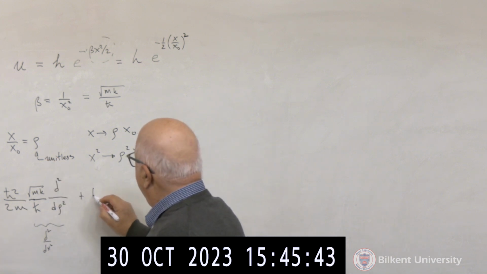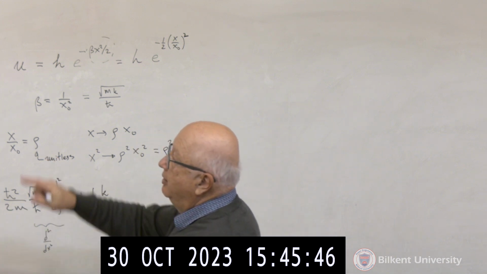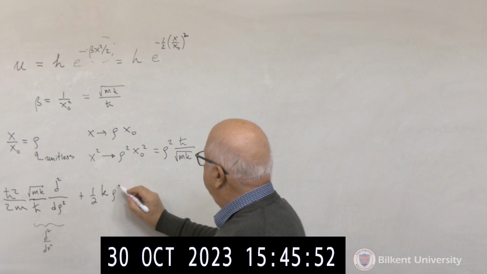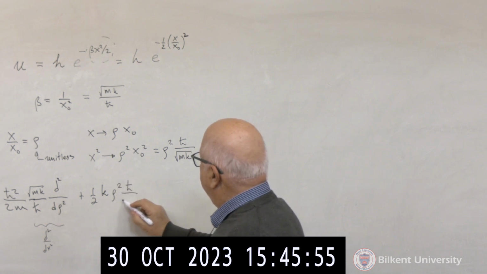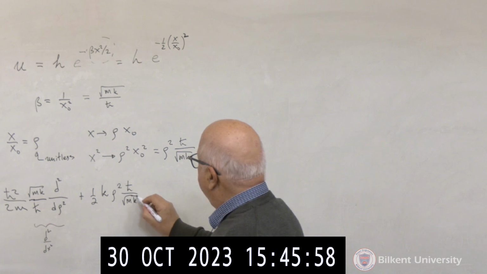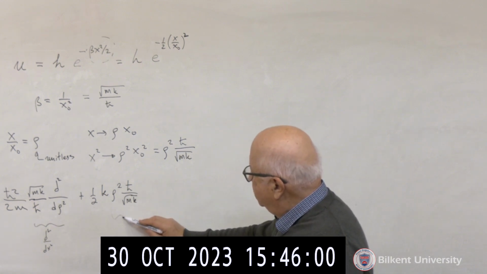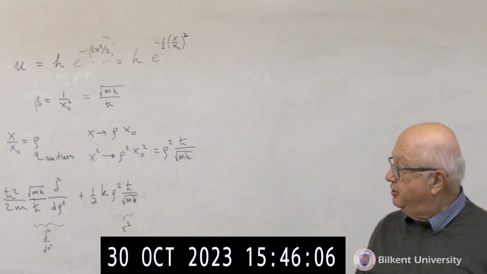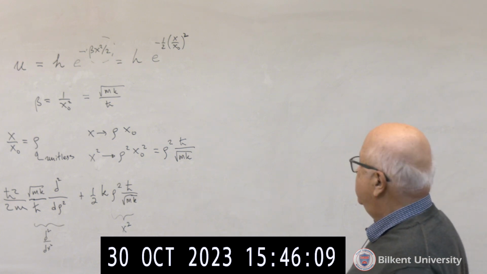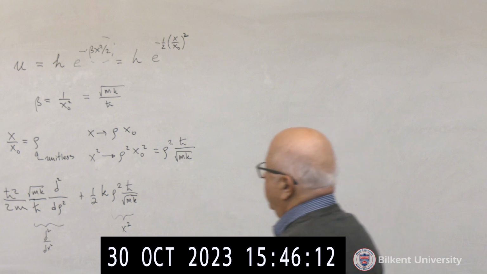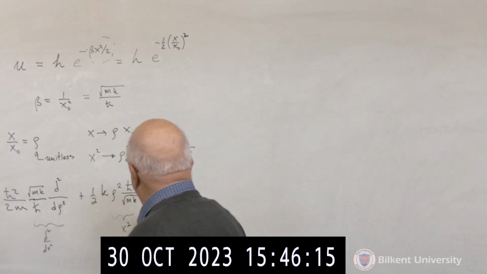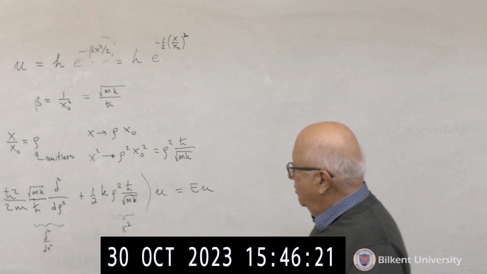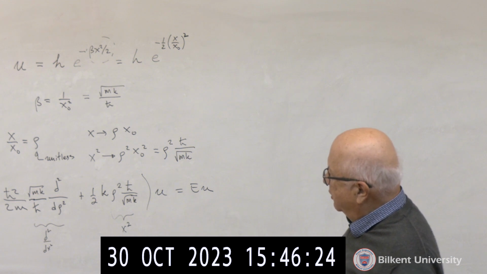Plus 1 over 2 k x squared. In place of x squared, I'm going to put in rho squared times h bar over square root of mk. So this piece here is just x squared. I changed my variable from x to rho, times u, is equal to E u. Let's now look at those terms one by one.